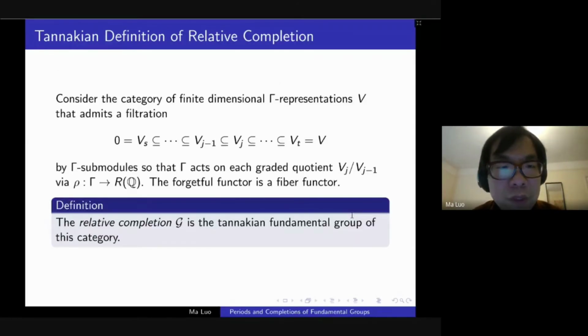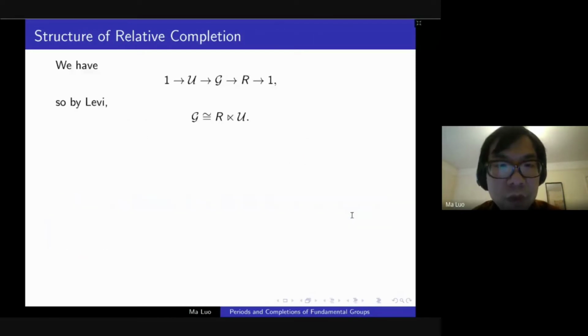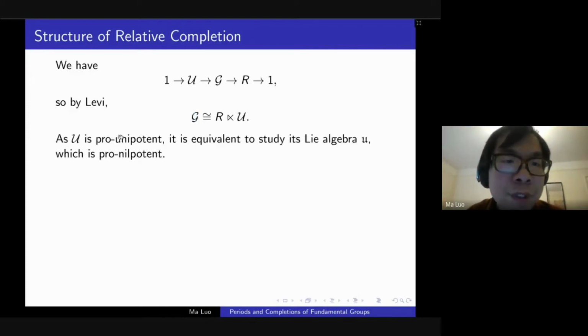To study this relative completion, as we said, we have this short exact sequence by Levi. This relative completion is isomorphic to R semi-direct product its unipotent radical U. And because U is pro-unipotent, it's equivalent to study its Lie algebra.